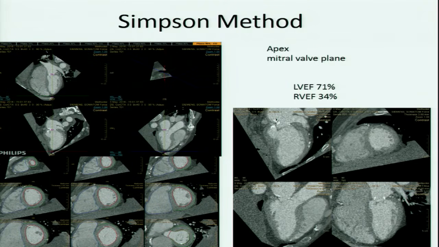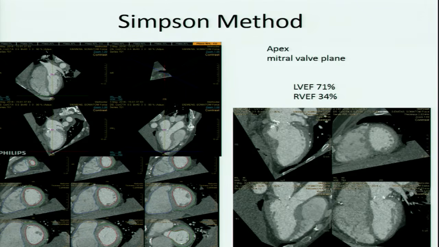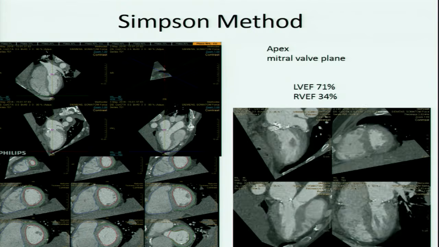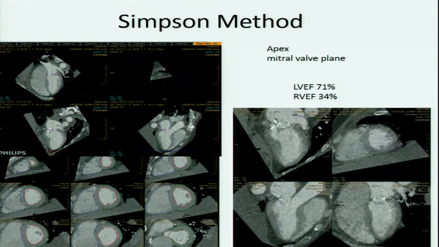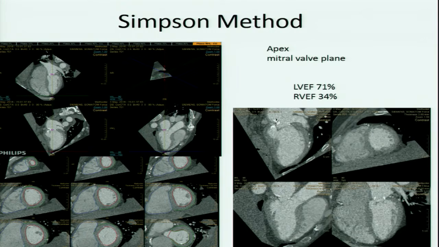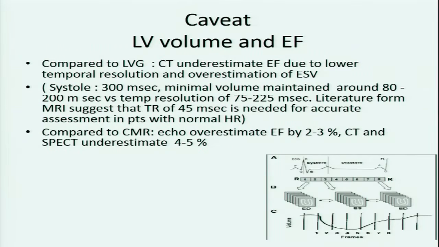As you can see here, the same problem as with MRI: depending on where you put your apex and mitral valve plane, you can change and vary LV volume and LV ejection fraction. The caveat, obviously, and the main problem with CT is the temporal resolution. MRI has at least 20 to 30 frames per second; with CT we get at most 10 to 12 in the best cases.